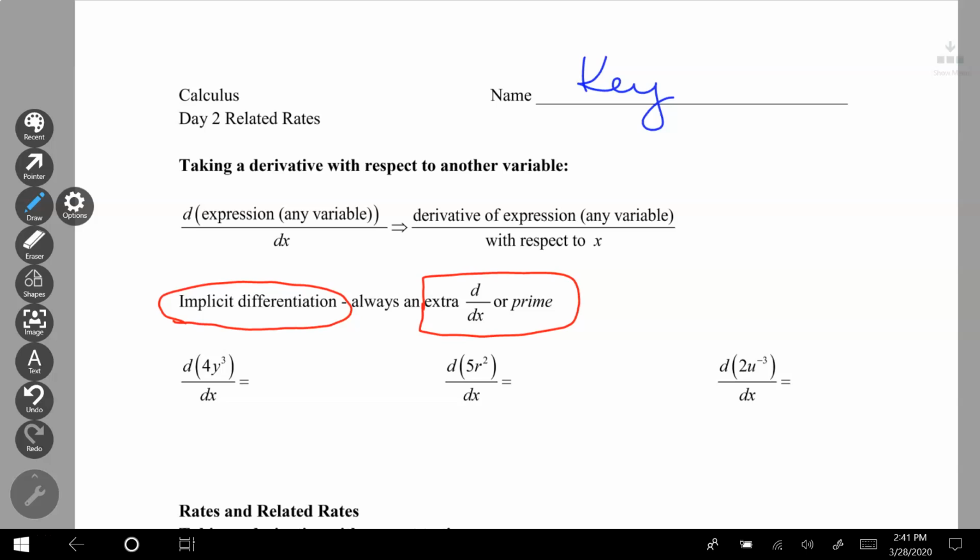So when I take the derivative of 4y cubed over dx, I get 12y squared, but times another dy over dx. 5r squared is going to be 10r times dr over dx. And 2u to the negative third is going to be negative 6u to the negative 4 times du over dx.